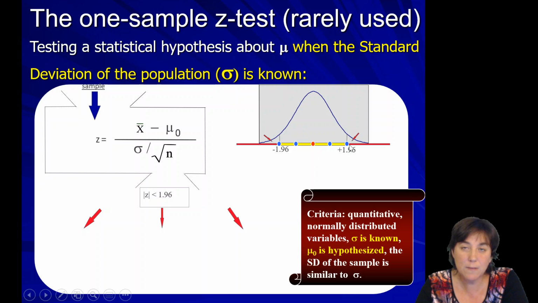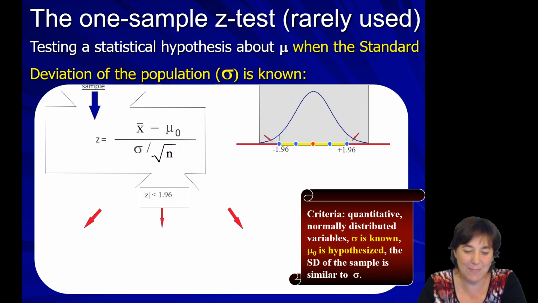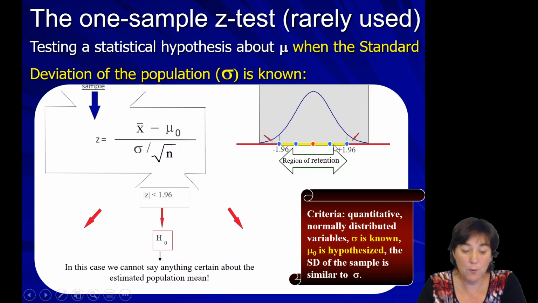Now, why is it 1.96? Well, because that's almost 2, and it's 2 standard deviations up and down where 95% of the population lies under this distribution. So if we get our number within these 2 points, then we call it the region of retention. We keep the null hypothesis and don't say anything.